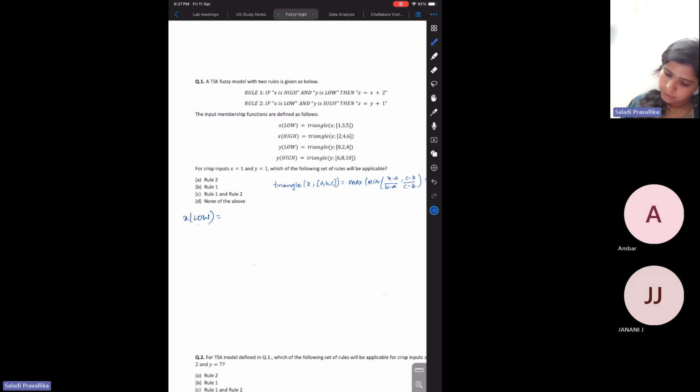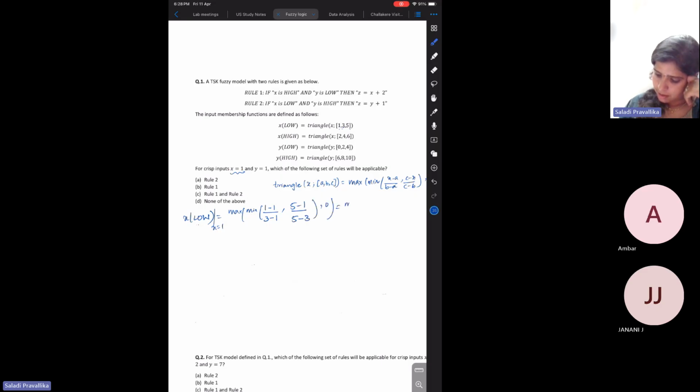For this, we have the triangle with a, b, c as 1, 3, and 5, and we have our x value to be 1, right? So this is for x equal to 1. It's max of minimum of (1 minus a, which is 1) divided by (b minus a, which is 3 minus 1), comma, (c minus x, which is 5 minus 1) divided by (5 minus 3), comma 0.